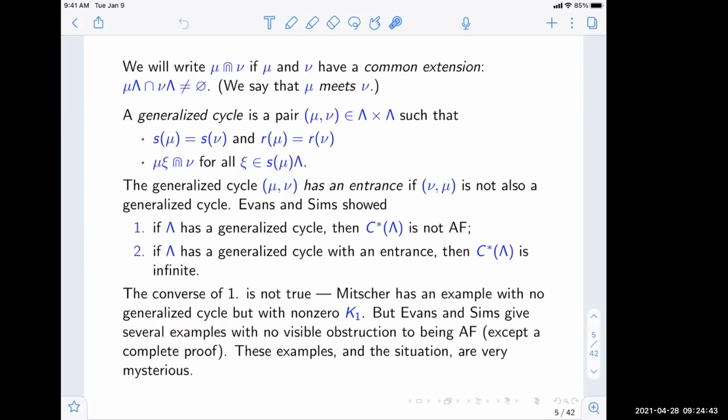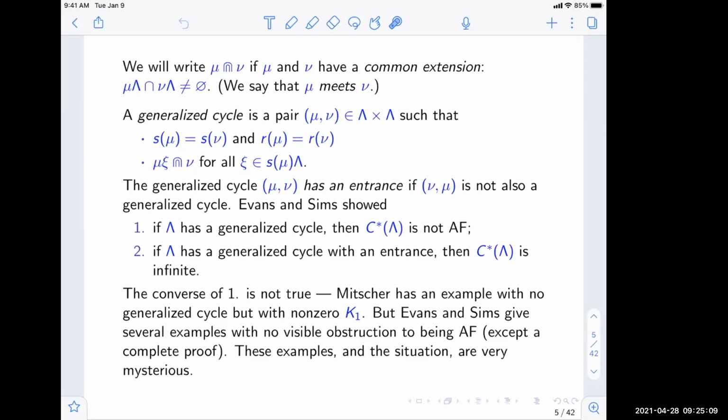So what is a generalized cycle? You have a pair of paths or elements of the category with the same source, the same range, and such that every extension of mu meets nu, or you might say nu meets every extension of mu. So mu somehow can't get away from nu in this sense.